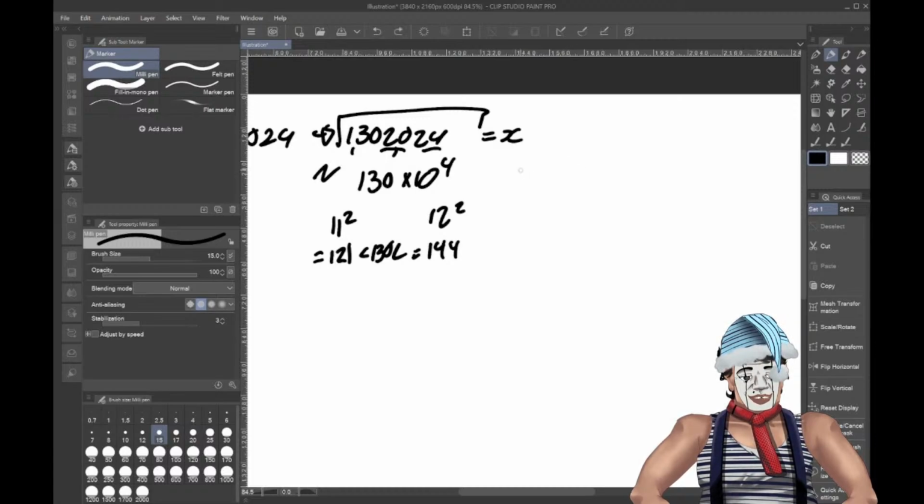It's approximately 11 plus 2 zeros, plus 2 more zeros. 1,100 squared should give us 1,210,000. Is that right?